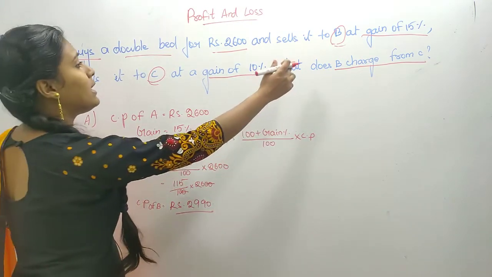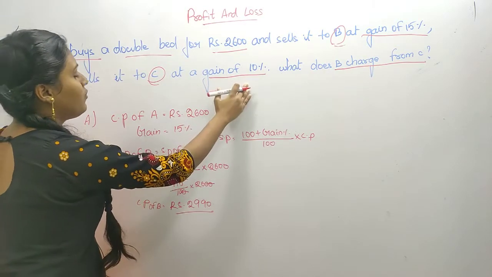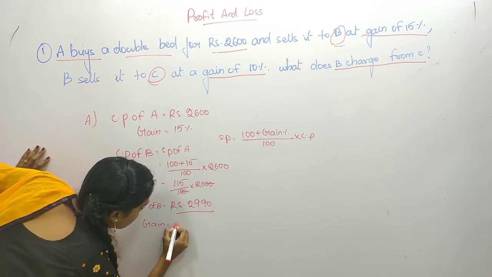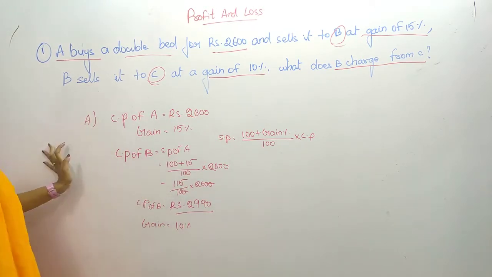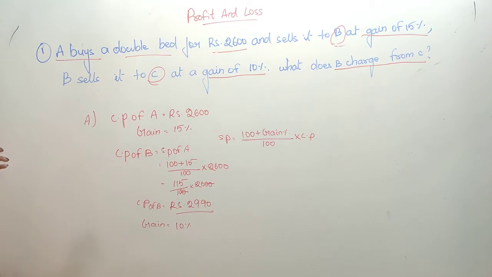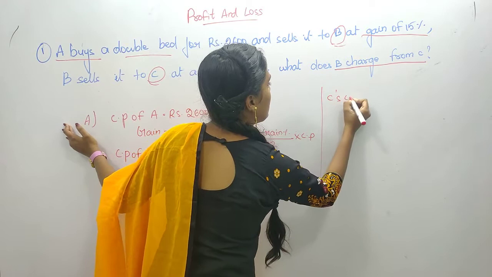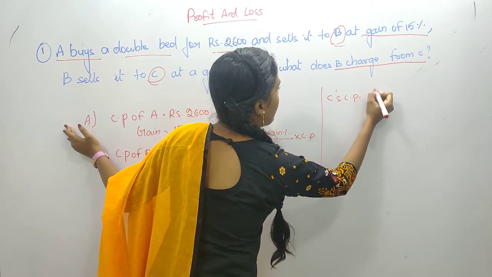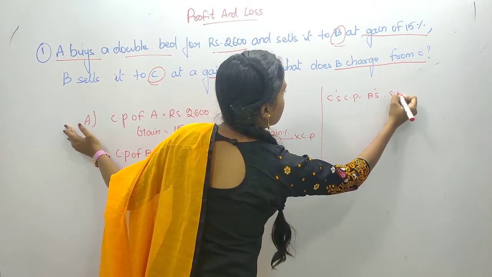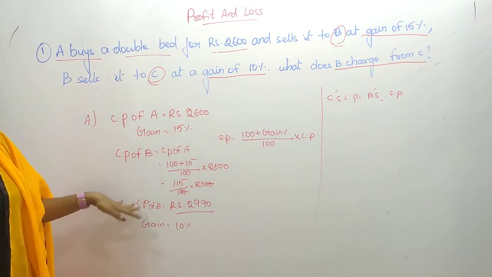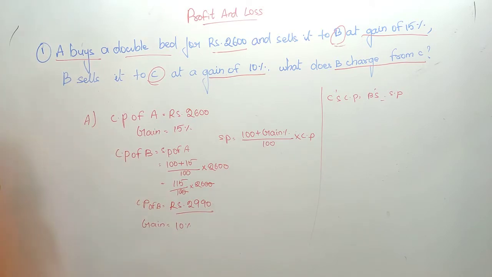B sold to C at a gain of 10%. Similarly, C's cost price is equal to B's selling price, just as B's cost price was equal to A's selling price.